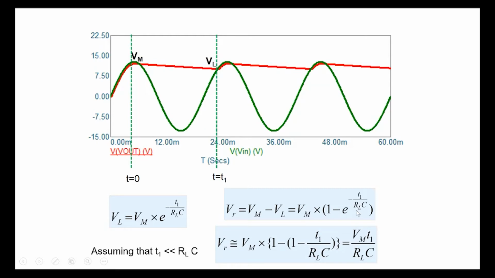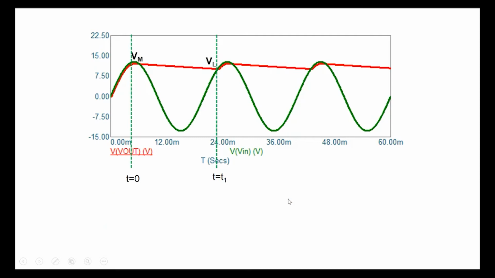So if T1 is much smaller than RLC, we can take the Taylor series expansion of the exponential, and we can write VR is close to Vm T1 by RLC. Okay, so that makes the expression of VR simple.